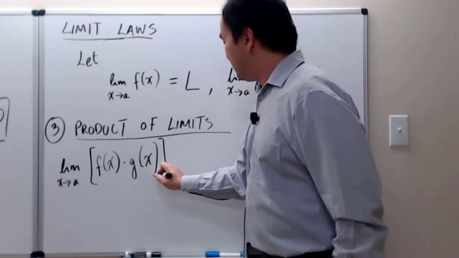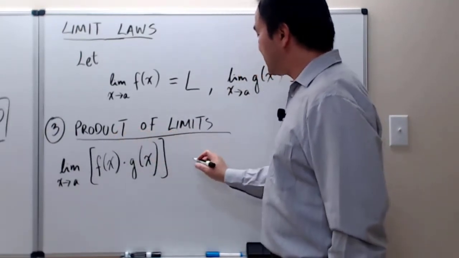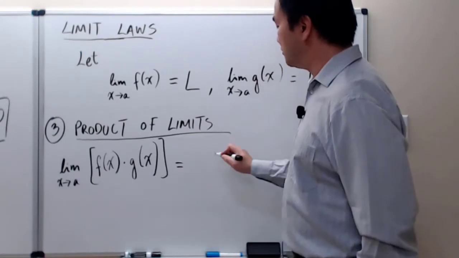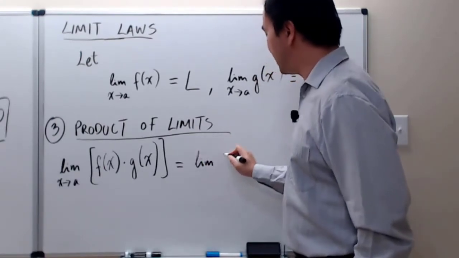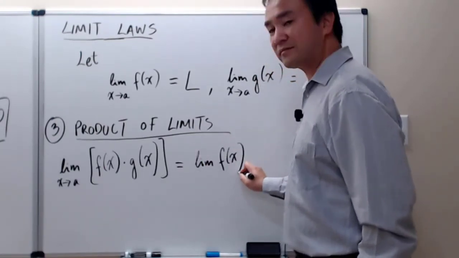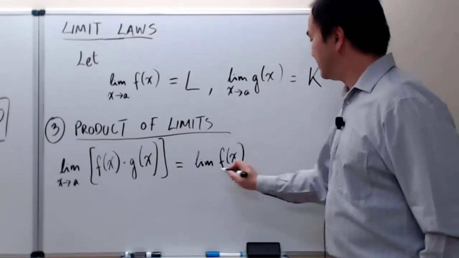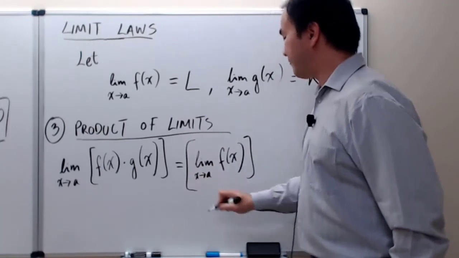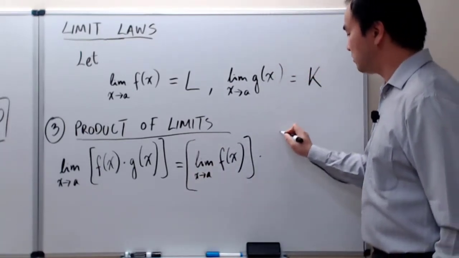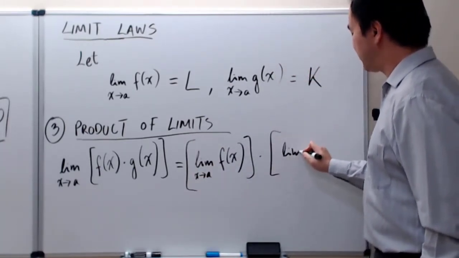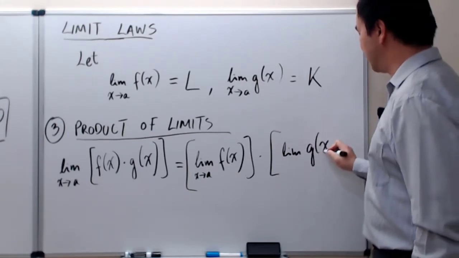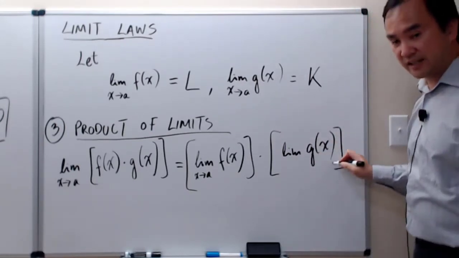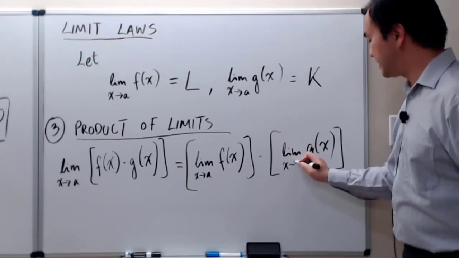So this law about product of limits allows me to find the individual limit of f of x as one separate limit, as x gets close to a, and multiply it with the other individual separate limit for g of x, as x gets close to a.